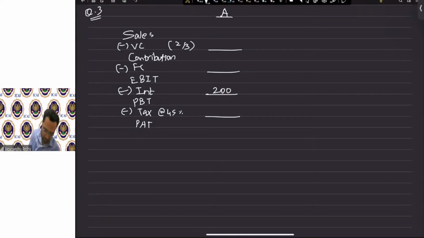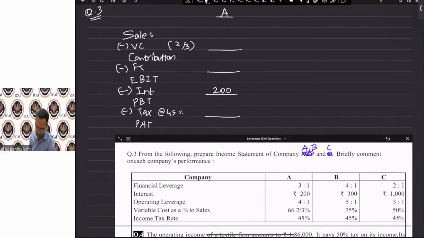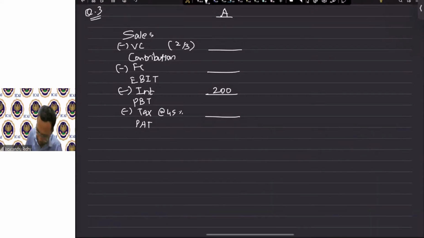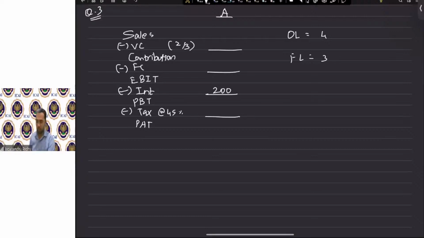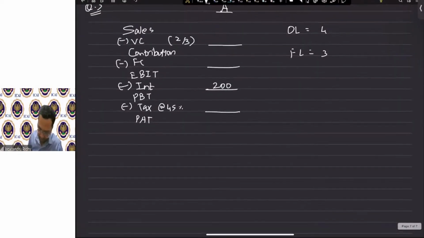So we have been given information about financial leverage and operating leverage. Operating leverage is 4, financial leverage is 3. Let's try to begin with this.